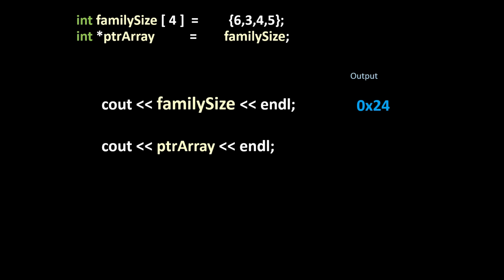So when I try to print out pointer to the console, what I get is the same result as if I tried to print out family size. Yes, an array is the same thing as a pointer. It's vital that you understand that.